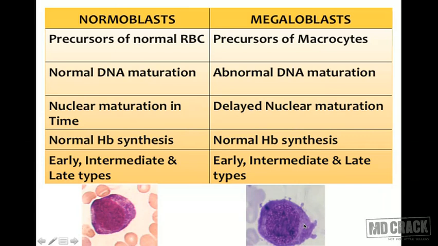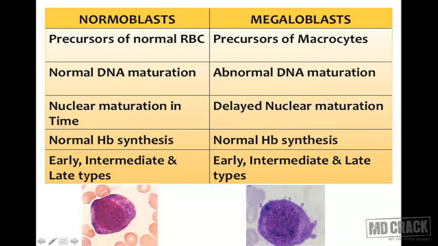It's only the DNA maturation that is affected. Hemoglobinization is normal, so you will see normal hemoglobinization in the cytoplasm of the megaloblast. It is only the DNA whose maturation is delayed. So we call it lagging behind of nuclear maturation as compared to cytoplasmic maturation.